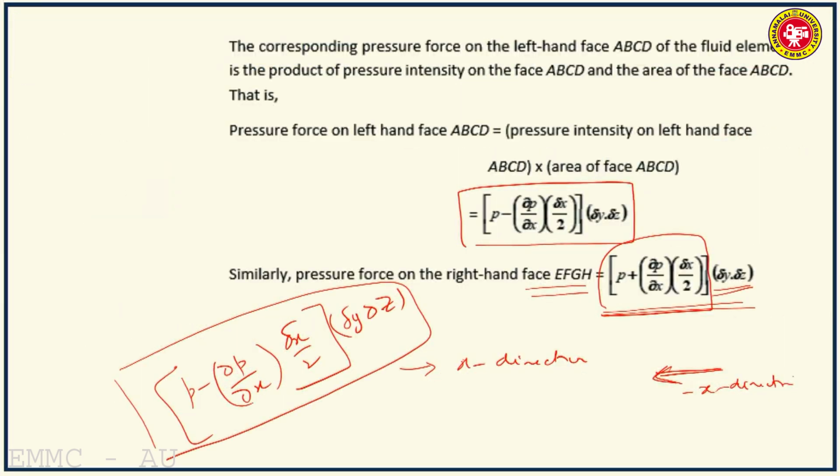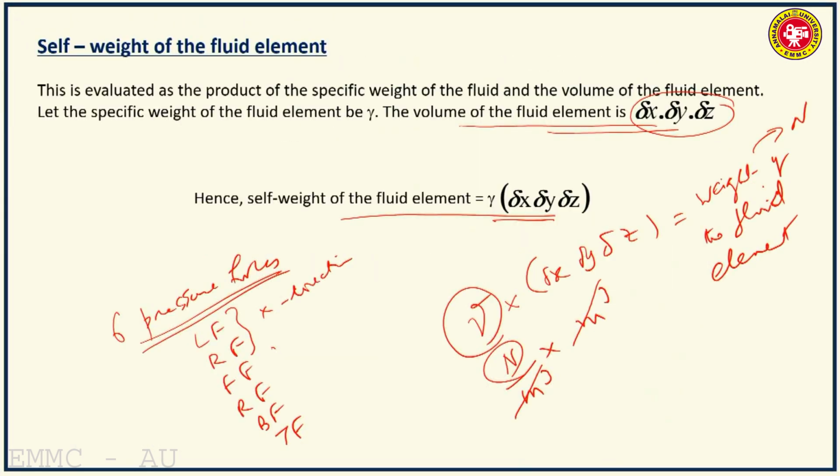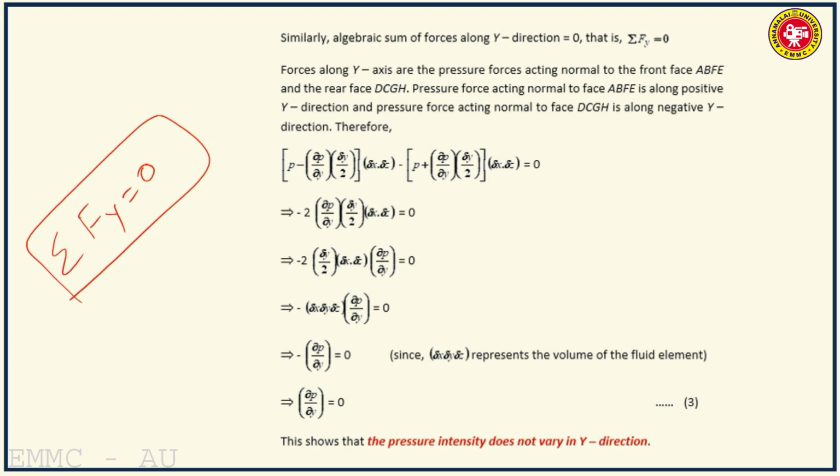Okay. So the force acting on the front face is P minus dou P by dou y multiplied by delta y by 2, multiplied by the surface area of the front face, delta x delta z, minus the force acting on the rear face, that is in the negative y direction, therefore minus P plus dou P by dou y delta y by 2 multiplied by delta x delta z, equal to 0.